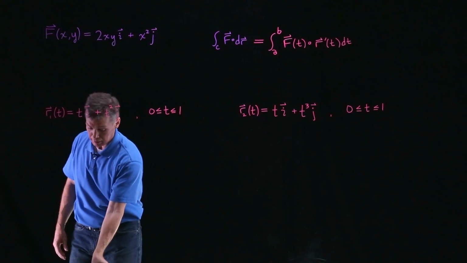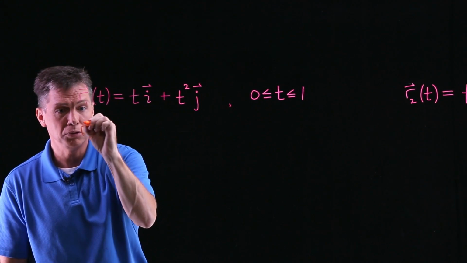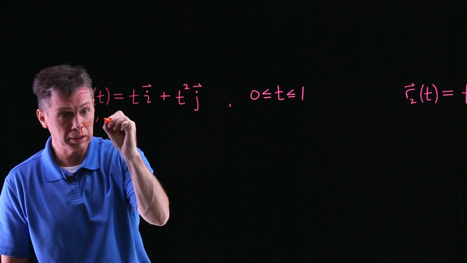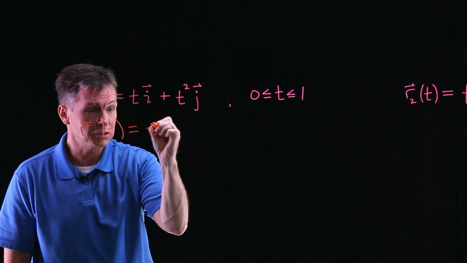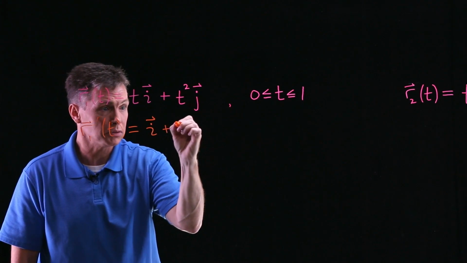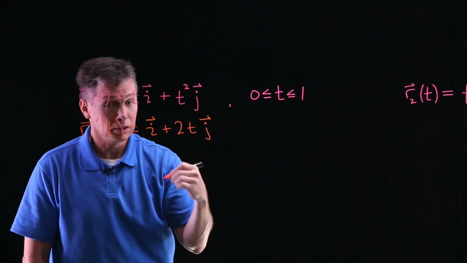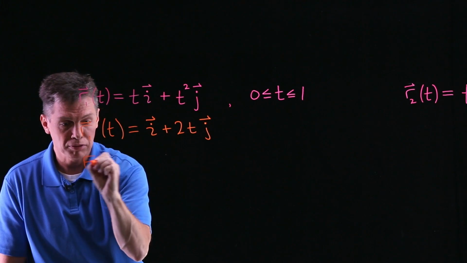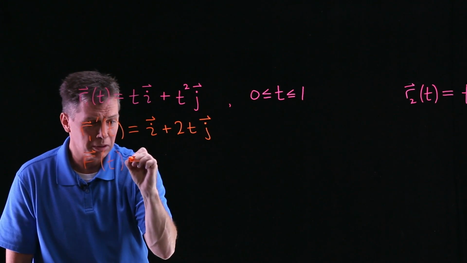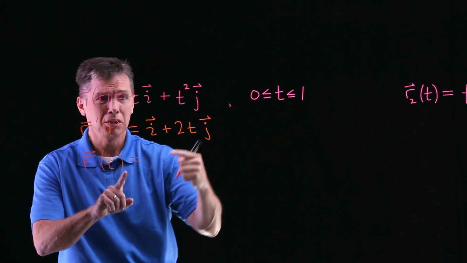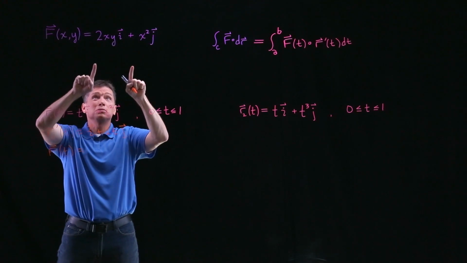And to do that, we've done these problems before, where a good first step is to do your derivative, r prime of t, equals, the derivative here is just i vector plus 2t j vector. I also like to have my F vector as a function of time. We've done about 118 of these, I think. You're looking at your x and y from here, trying to plug them into there.